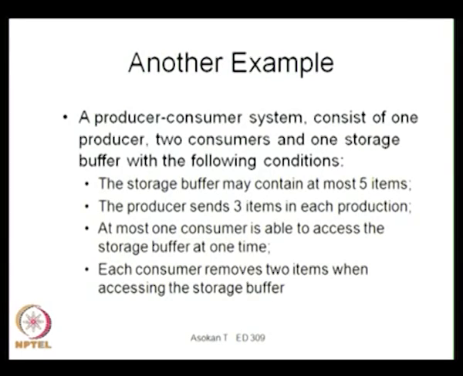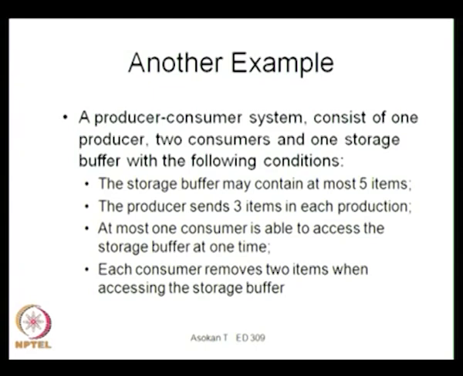Now we will take another example where we can show the sequence of activation as well as concurrent activation and synchronization. We will take a producer consumer system which consists of one producer, 2 consumers and 1 storage buffer, with conditions.